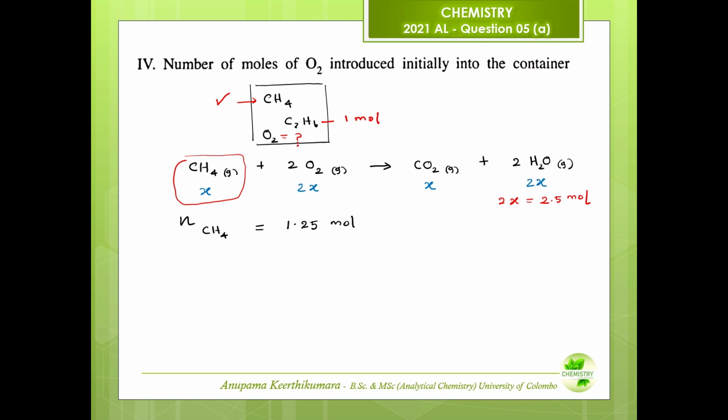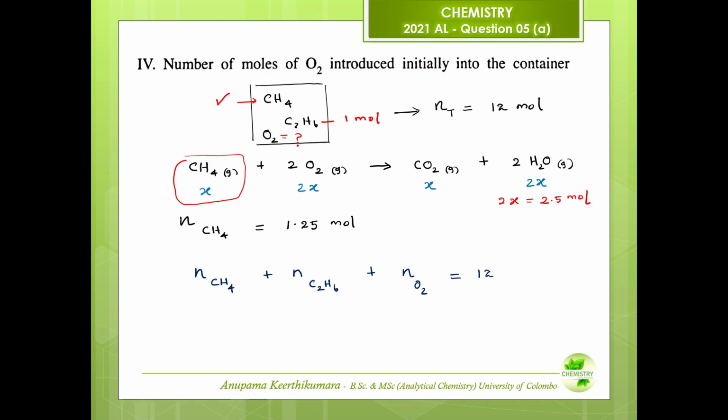Next, we will write the relationship between these three. We know the total number of moles present initially is 12 moles. Therefore, the number of moles of methane plus the initial number of moles of C2H6 plus the initial number of moles of O2 equals 12 moles.